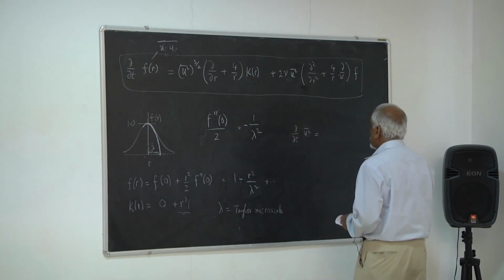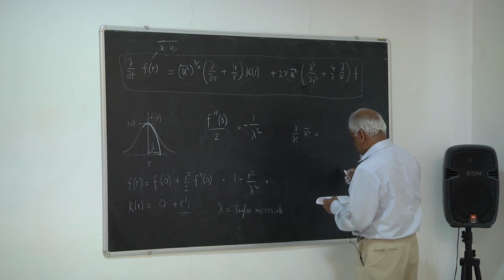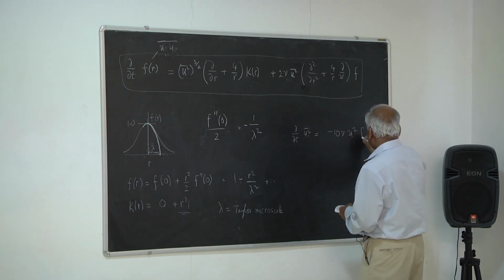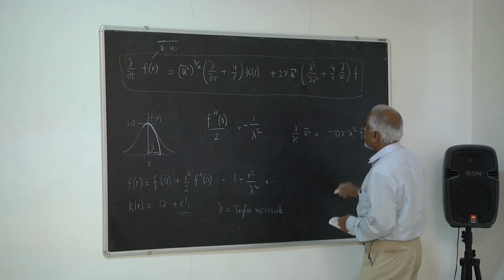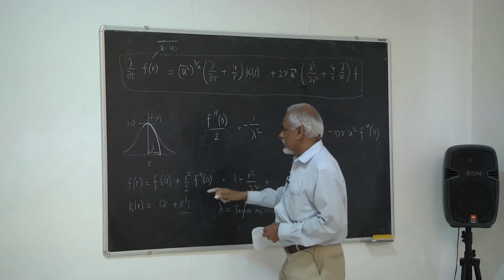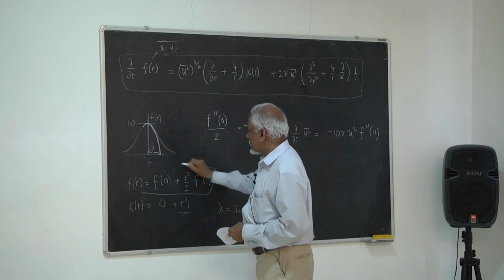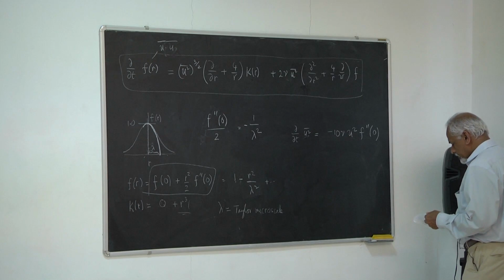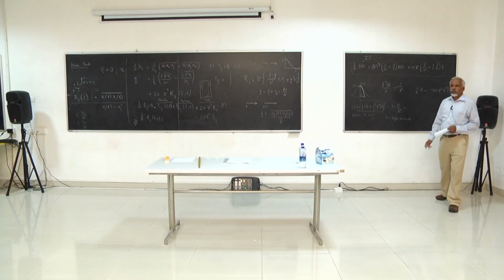I wrote it here. And if you do all these things, then I will have minus 10 nu u squared f double prime at 0. Because for f, I am just going to replace this quantity, and I'm going to differentiate, and I will get all that.